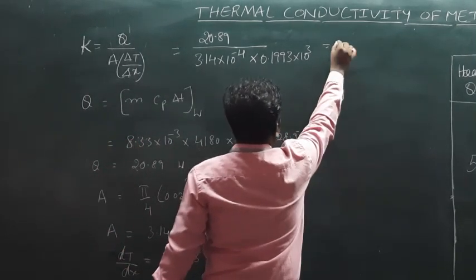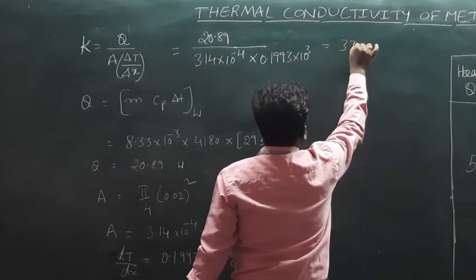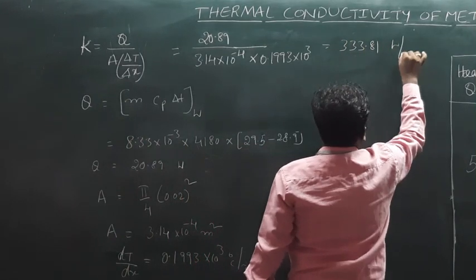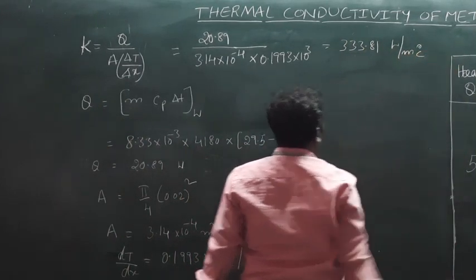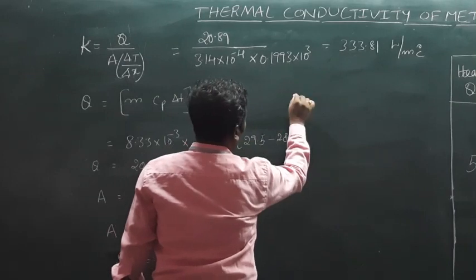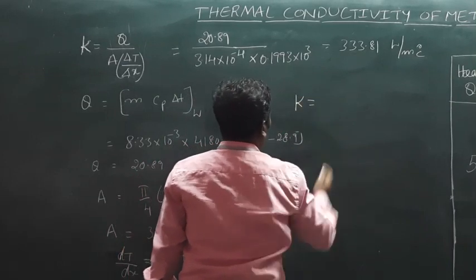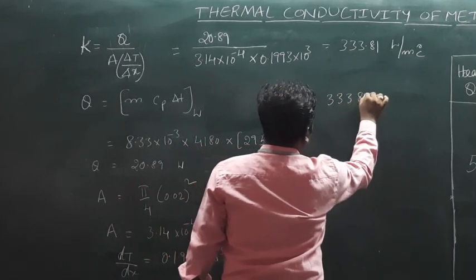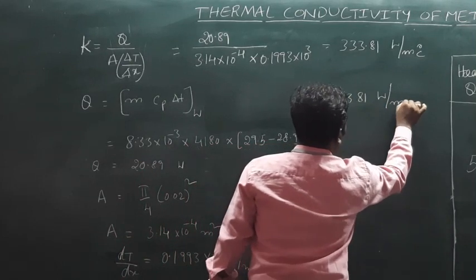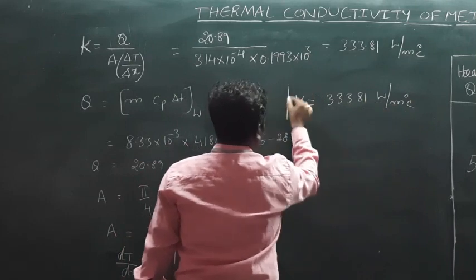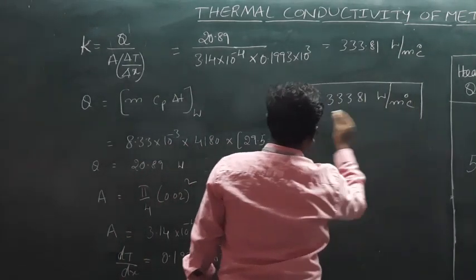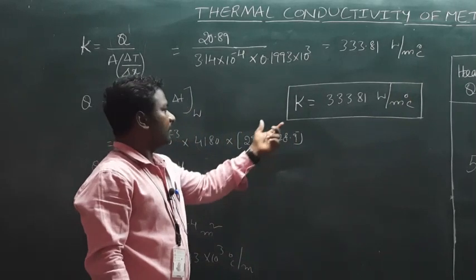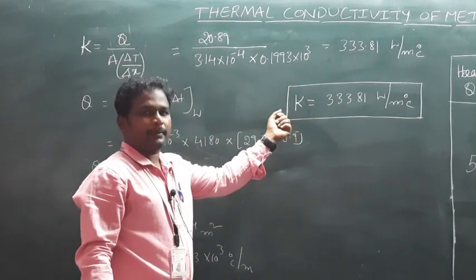It is 333.81 watt per meter degree centigrade. So finally we obtained the value of thermal conductivity of the copper metal rod as 333.81 watt per meter degree centigrade. This is the final result of our experiment. Thank you.